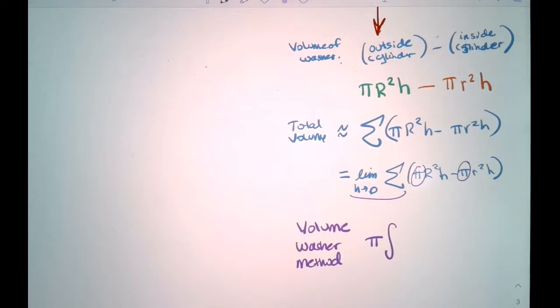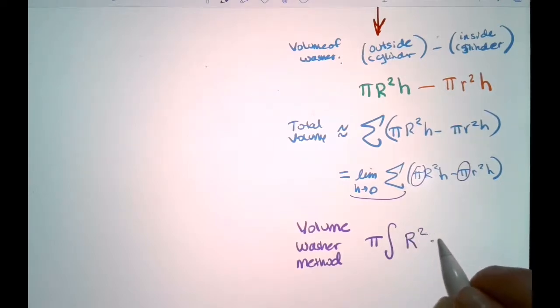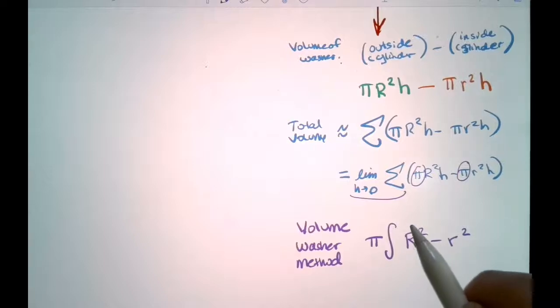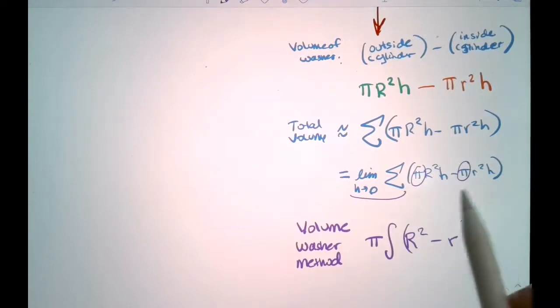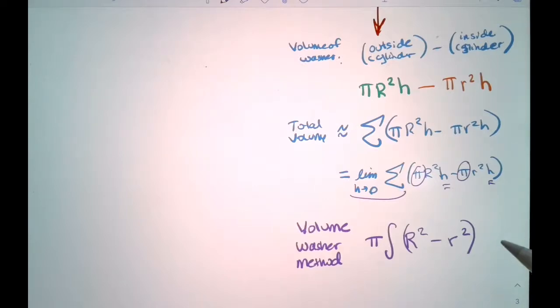Now the meat inside the integral is cap R squared minus little r squared. Notice I left off the h. That's because I'm going to factor that out as well, outside the structure. But let's think about what h really is.